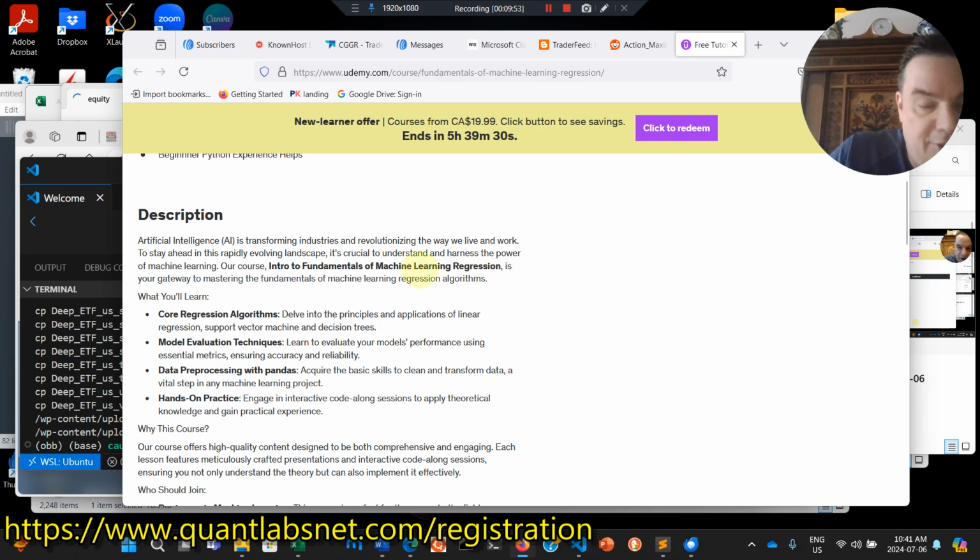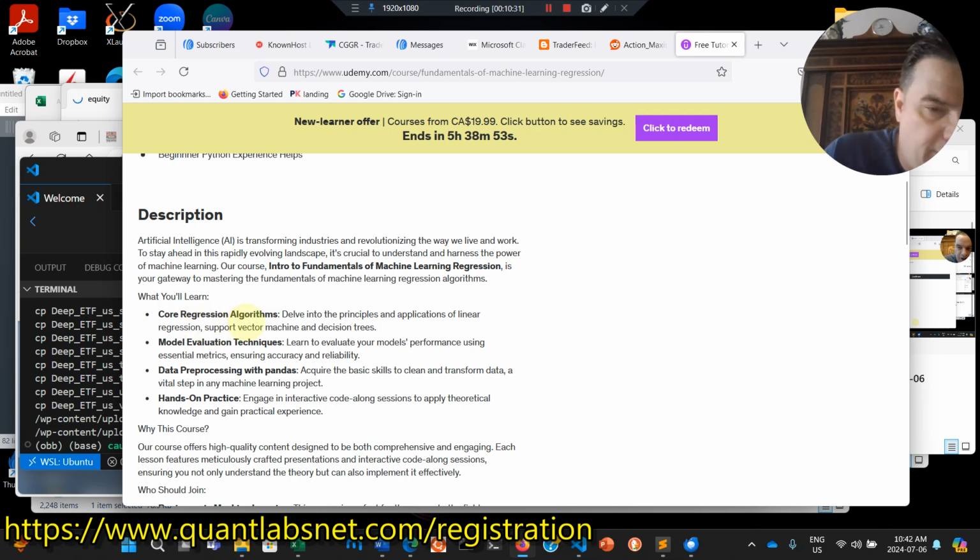AI is transforming industries and revolutionizing the way we live and work. Okay, that's true. We shall understand and harness the power of machine learning. Our course, Intro to the Fundamentals of Machine Learning Regression, is your gateway to mastering the fundamentals of machine learning regression algos. Remember, regression is just one of many basic machine learning concepts that lead you into the more intelligent AI, like I said, deep learning, neural networks and the like.